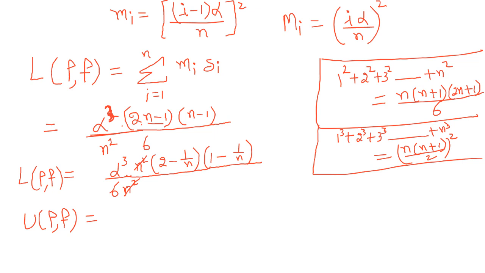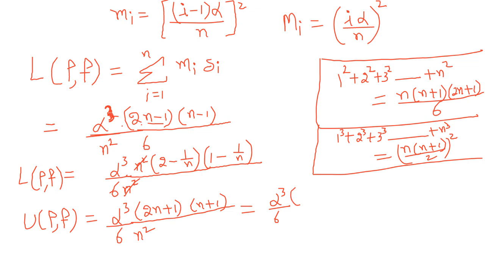Sir, it is alpha cube into 1 plus 1 by n into 2 plus 1 by n upon 6. Okay, means you are saying 2n plus 1 here, n plus 1, upon n square, upon n. Yes, take out n common. So you will get alpha cube on 6, 2 plus 1 by n, 1 plus 1 by n. Okay.